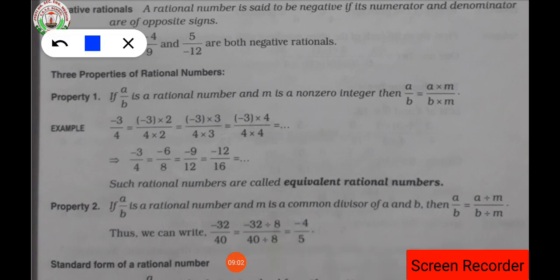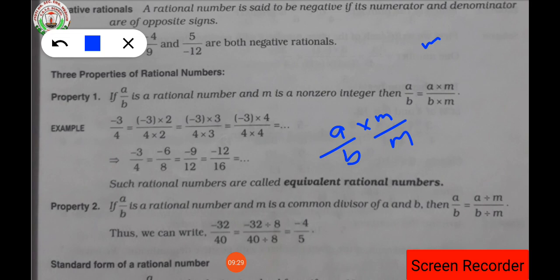Have you understood what it says? Suppose a upon b is a rational number and any number m from outside comes inside and gets multiplied with the rational number a by b. मतलब ये कि a by b एक rational number है और जो m है वो नॉन ज़ीरो मतलब ज़ीरो को हटा करके कोई भी नेगेटिव या पॉजिटिव नंबर आ करके a by b से मल्टीप्लाई हो रहा है. Have you understood up to here?